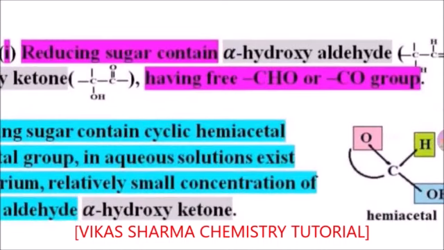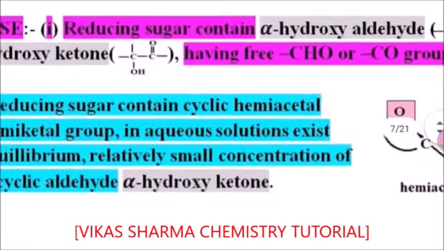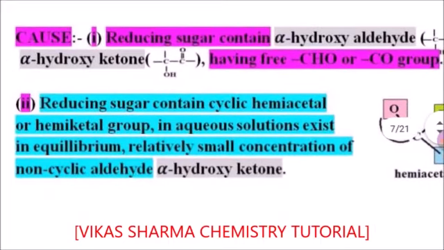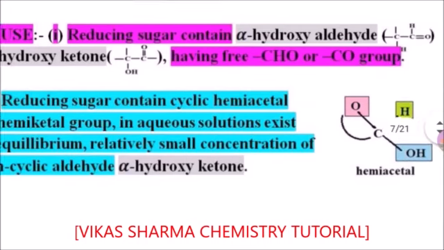Having a free aldehyde and ketonic group, they react with Fehling's solution and Tollens' reagent easily. And the second reason is that reducing sugars contain a cyclic hemiacetal or hemiketal group, which in aqueous solution exists in equilibrium with a relatively small concentration of non-cyclic aldehyde or alpha hydroxy ketone.